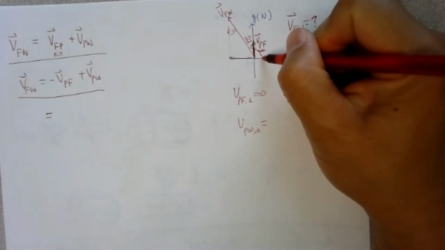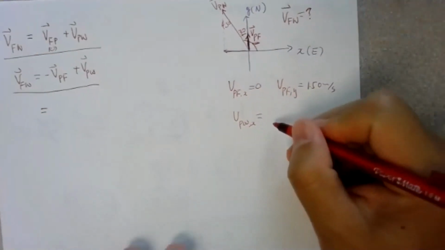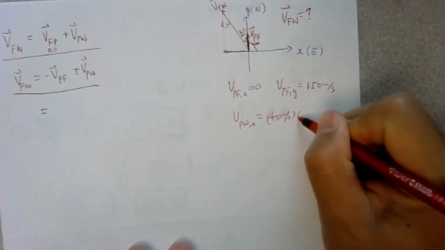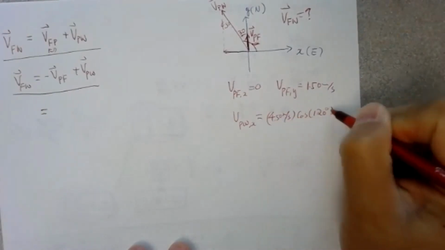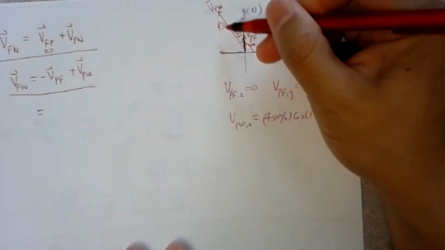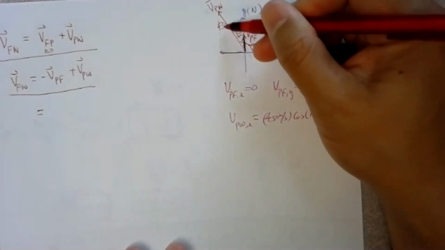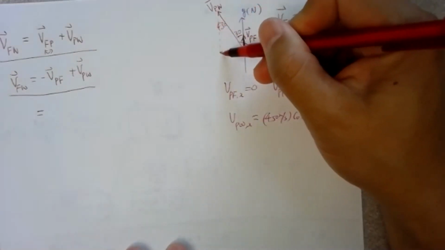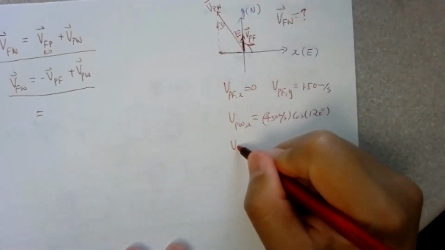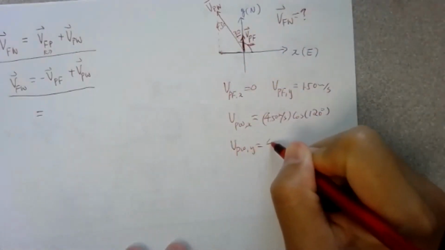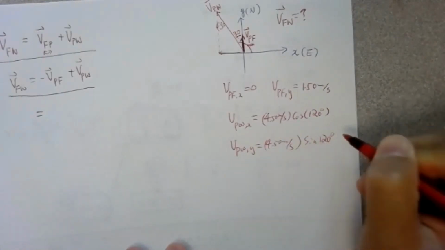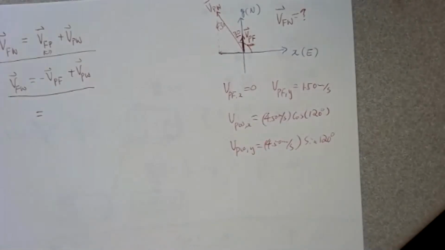If you take this as 120, then it is easy to just use 4.5 meters per second times cosine of the directional angle of 120, okay? Then you don't have to worry about it. If you use 30 here, you will have to do 4.5 sine of 30, but with a negative sign, because this is pointing towards the negative, okay? So the Y component then will be 4.5 meters per second times sine of its directional angle, okay?